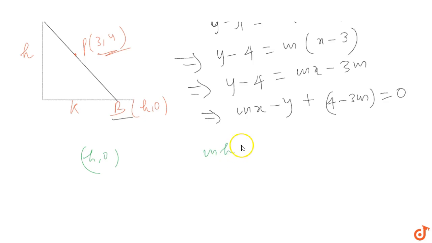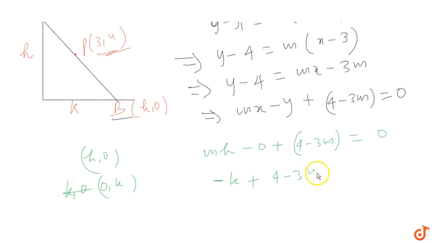So this will become mh minus 0 plus 4 minus 3m equals 0. And now we will satisfy it with point (0, k): put x equals 0 and y equals k. So it would become minus k plus 4 minus 3m equals 0.